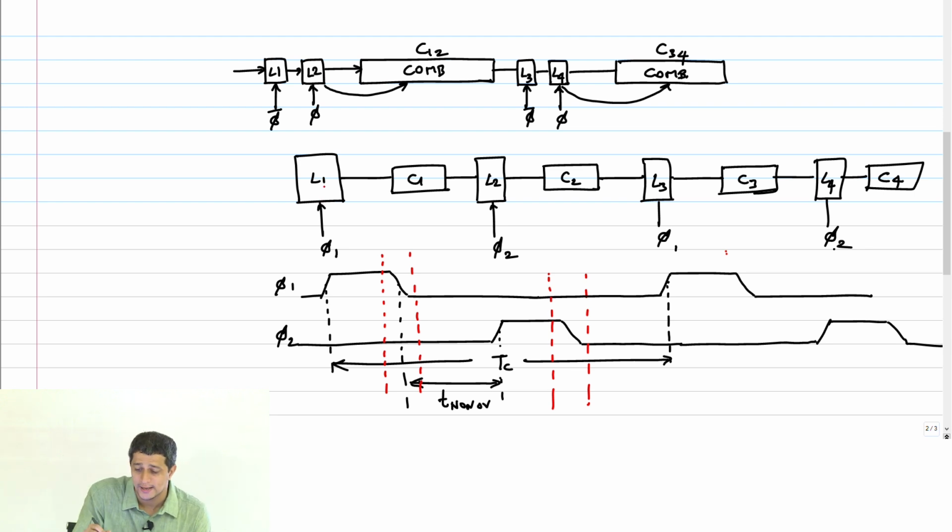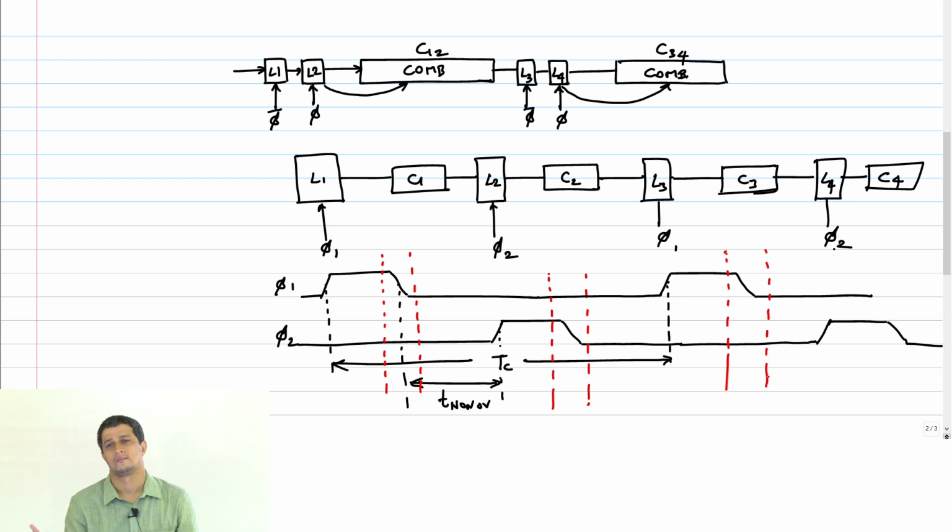If I want to make it a negative latch, I put a circle here. Then the clock will get inverted and it becomes a negative latch. If I don't put the circle, it means it's a positive latch. And again, this will be my setup hold window where data should not change.